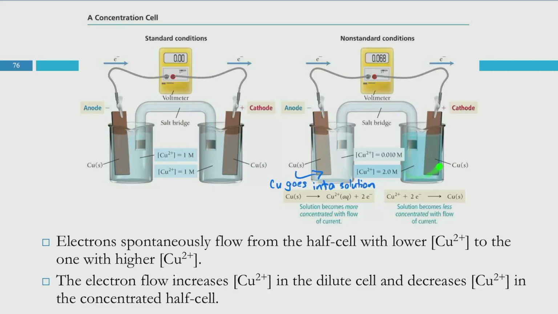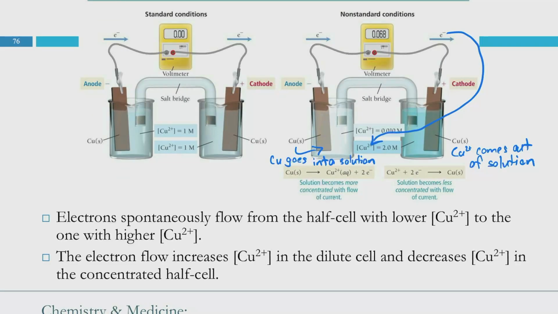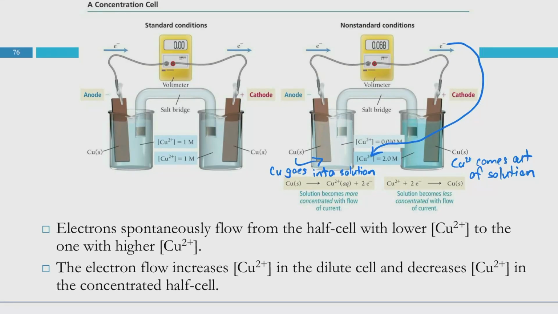And on our product side, or cathode side, these electrons that flow in go to the copper that's in solution. Copper 2 plus comes out of solution. And that will continue to work until the concentrations are the same on both sides. Our voltage is also going to change through time as those concentrations change.